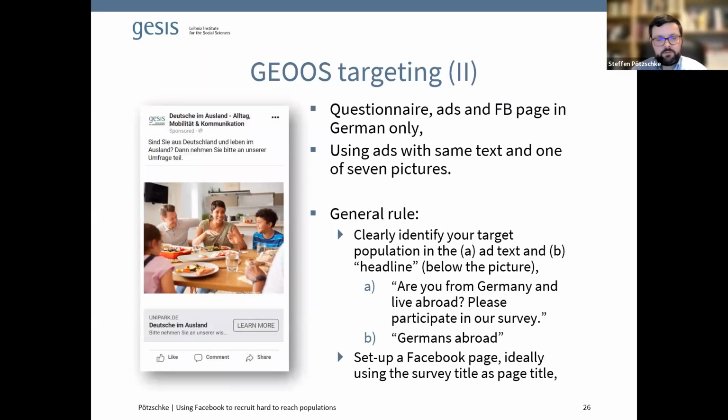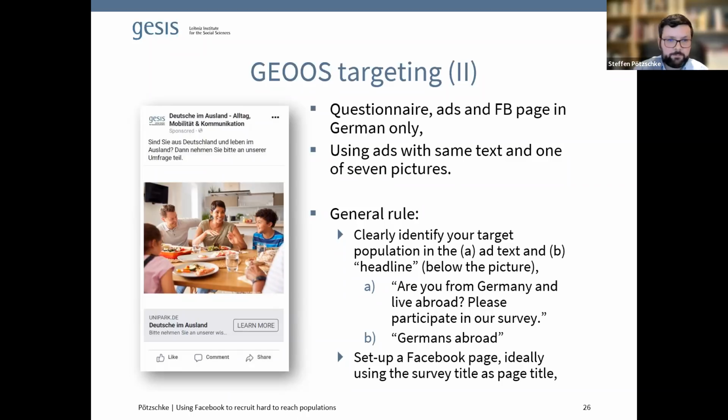Beyond those aspects on the previous slide, of course, and I mentioned that just some minutes ago, we have the questionnaire design elements, which help us with targeting. In this case, the questionnaire, ads, and Facebook page were all in German only.